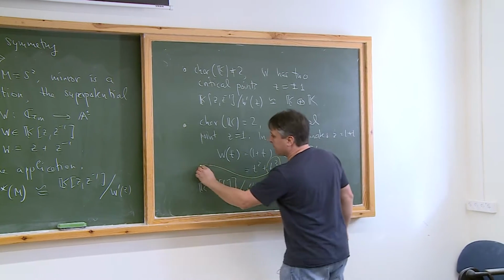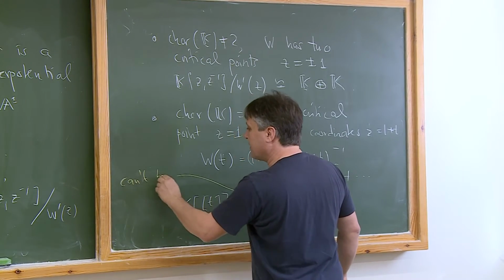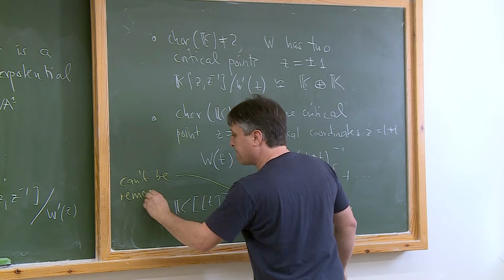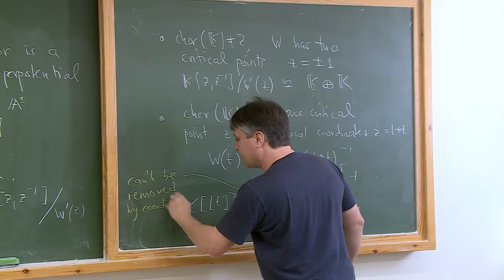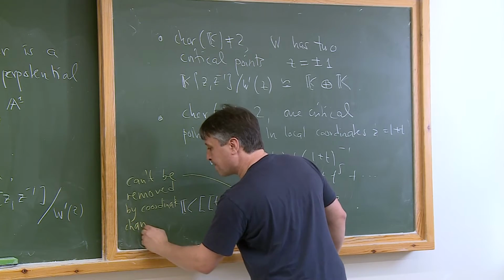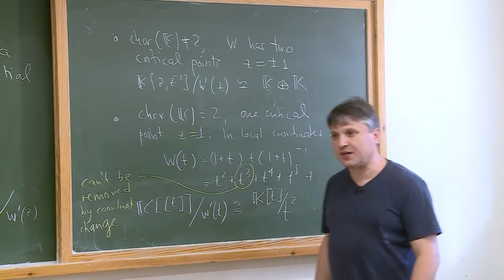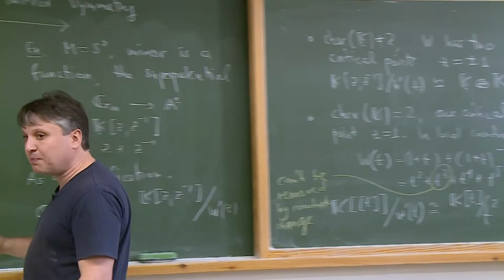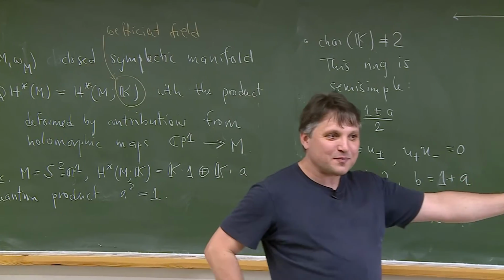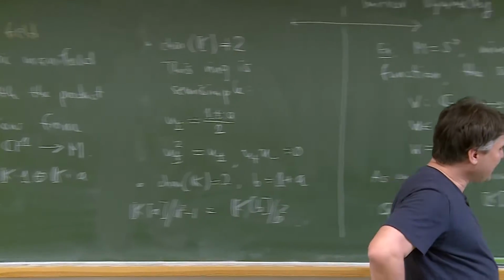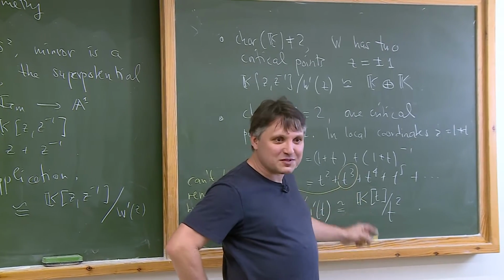So this term here can't be moved. That's very easy to see. The only coordinate change that could possibly do something is to replace t by t plus t squared, and then when you look at it, you see that it does nothing to the cubic term. So I would like to explain to you what the meaning of this fact is in terms of symplectic topology.